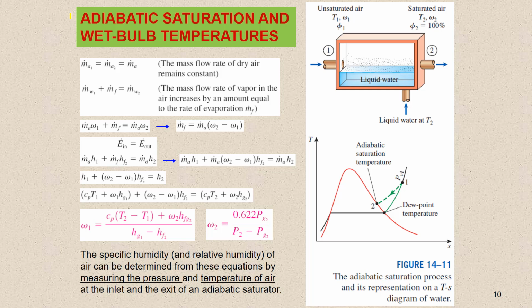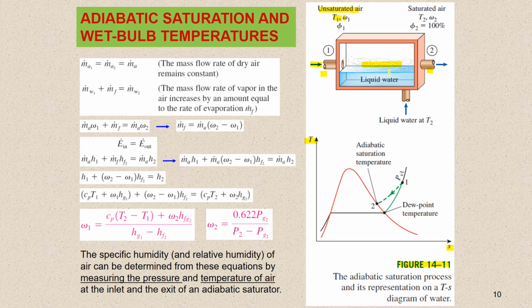A way of determining the absolute or relative humidity is related to an adiabatic saturation process shown in the TS diagram in figure 14.11. The system consists of a long insulated channel that contains a pool of water. A steady stream of unsaturated air that has a specified humidity of omega 1, which is of course unknown, and a temperature of T1 is passed through this channel. As air flows over the water, some water evaporates and mixes with the airstream.